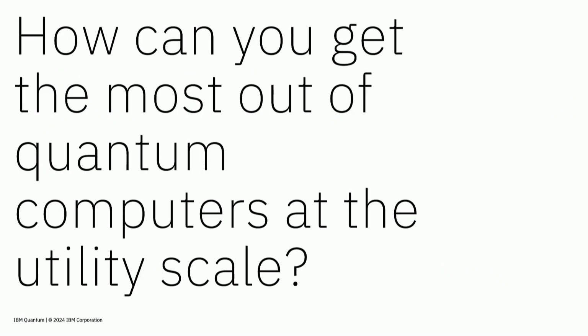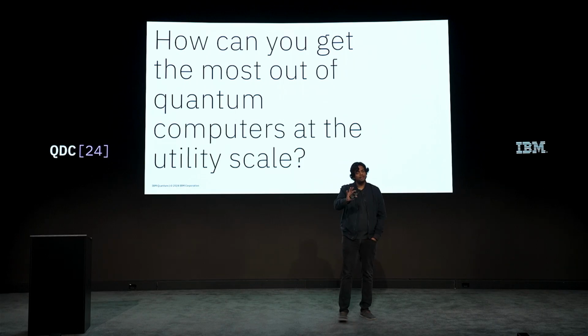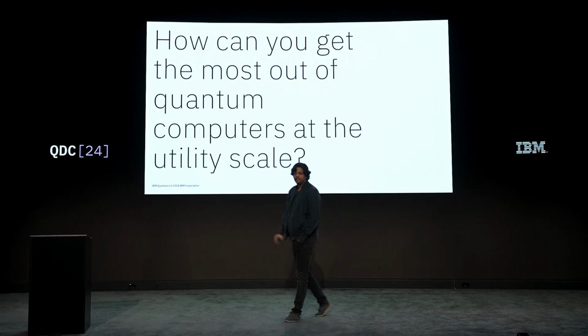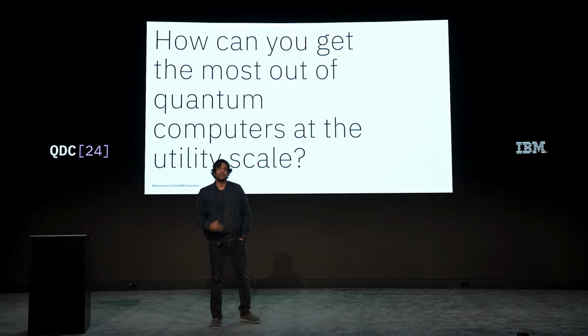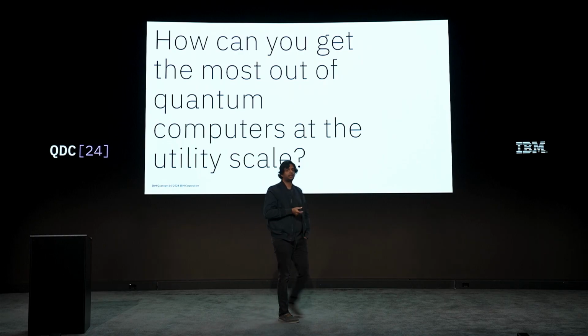Right. So I gave you examples of these error mitigation techniques, PEA, PEC, TEM. We spoke about SQD. How can you now get the most out of these quantum computers at this utility scale, running computations beyond what one can do with brute force classical? Right? Over this entire process, we've really been working to make all of these different tools accessible to you guys in Qiskit.